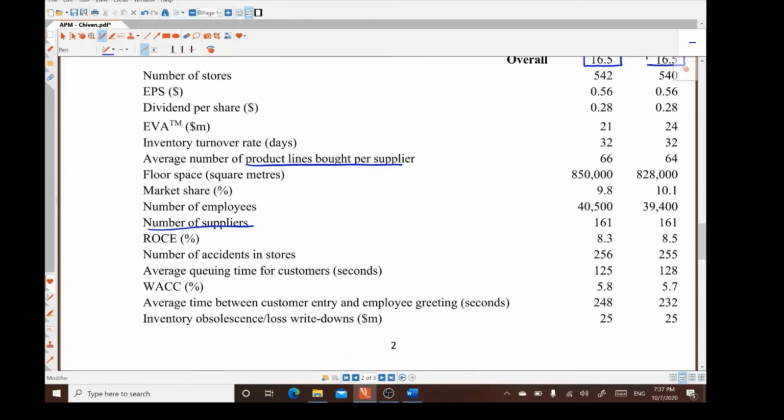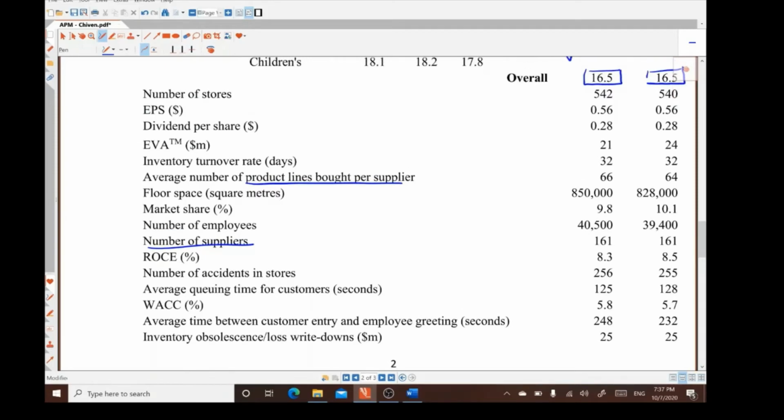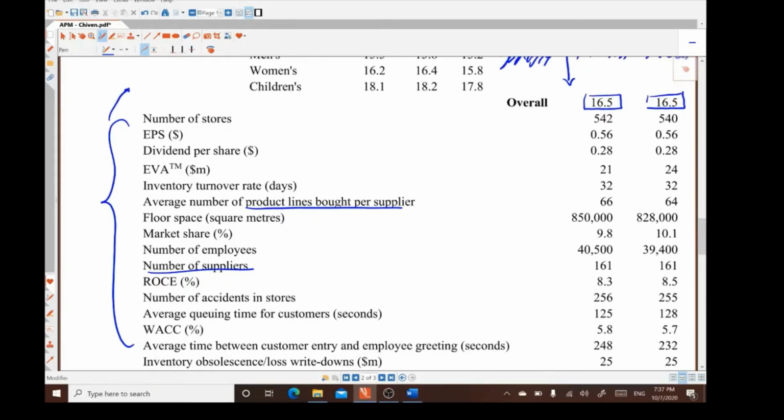And class, before we move on to see some other measures, let me tell you this. Don't you find that here, there is actually no categorization, as we can see here?